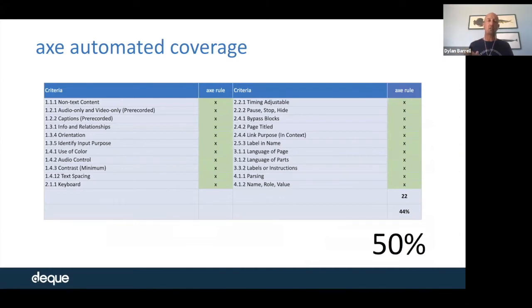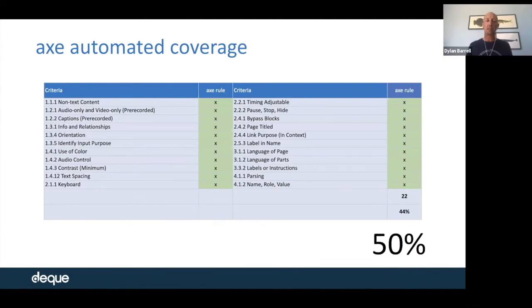Matthew talked about the 47 to 50% of the issues being found through automation. We find consistently these days, we used to talk about 40%, these days we talk really about 50%, because we find consistently that this sort of testing can find 50% of the issues by volume. I've got a list of success criteria from WCAG up on the screen here, showing you which ones have some coverage from our automated tests.